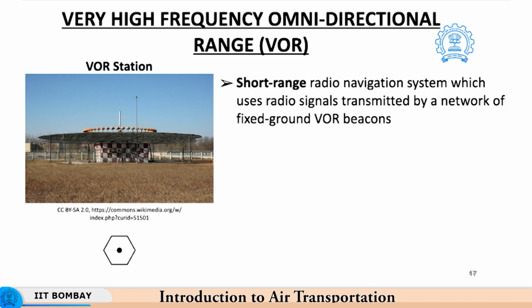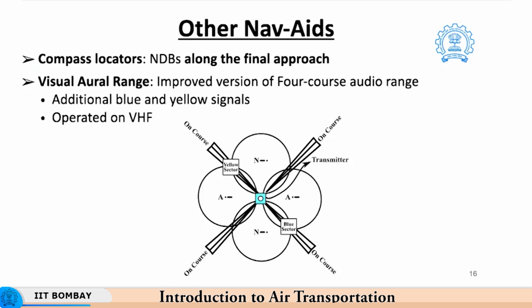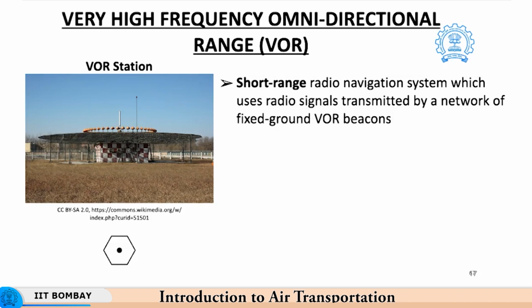So with the advancement of further radio navigation equipment, another tool was used to carry out navigation, which is called the very high frequency omnidirectional range, or more famously VOR. Now these VORs are basically short range radio navigation systems which use radio signals transmitted by a network of fixed ground VOR beacons.